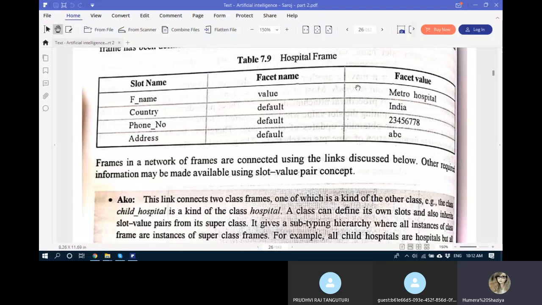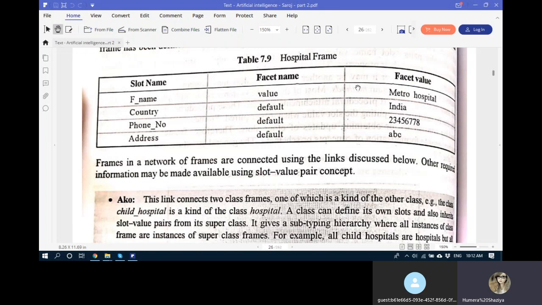A frame is similar to the object oriented programming concept of a class, where you have a number of attributes and operations, and then you create instances of the class. Likewise, you create frames, and nodes are the instances of frames.